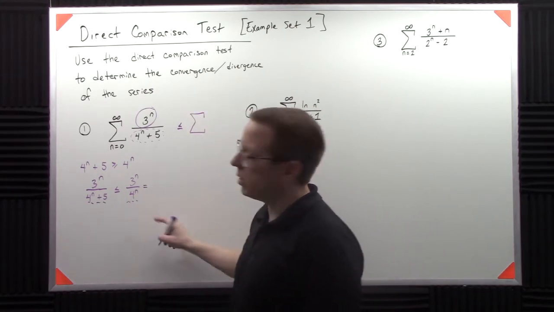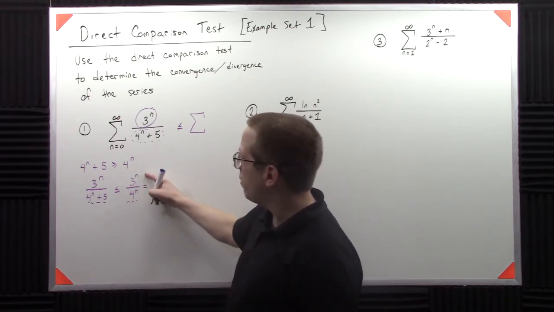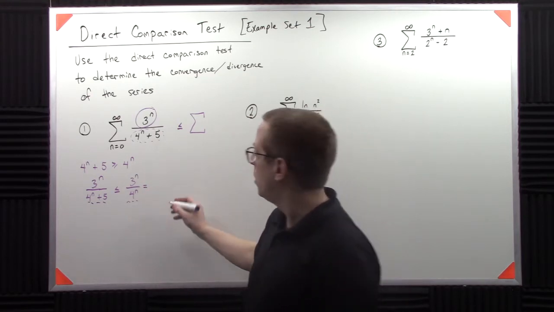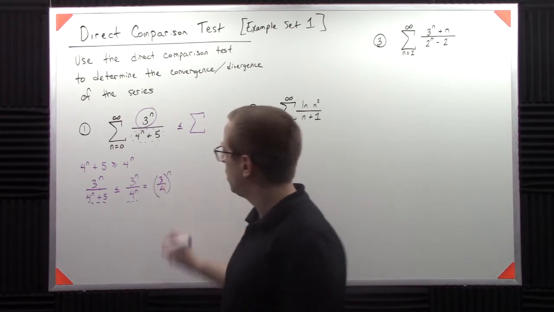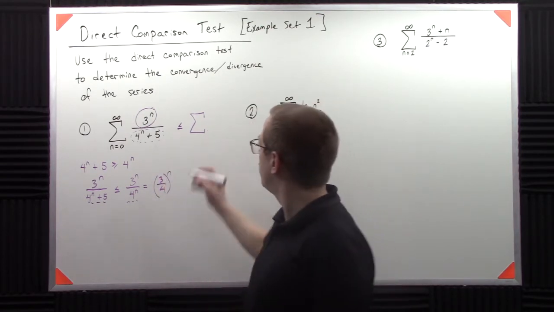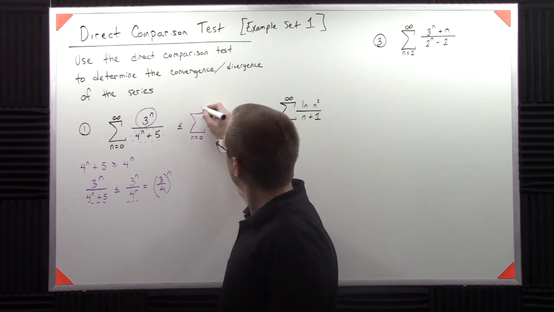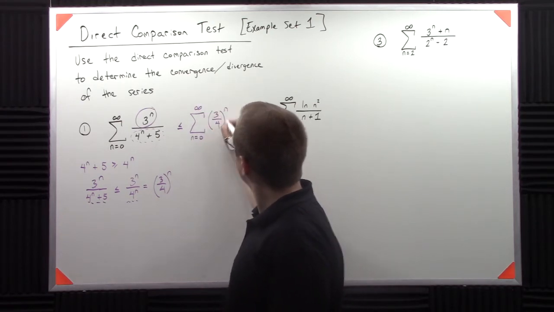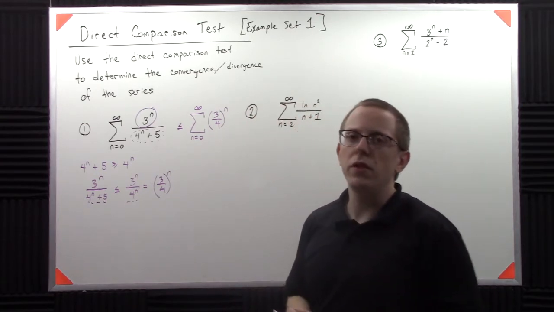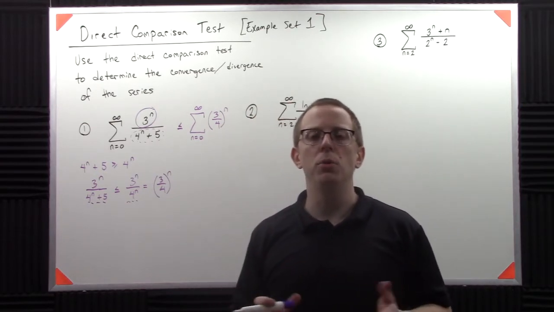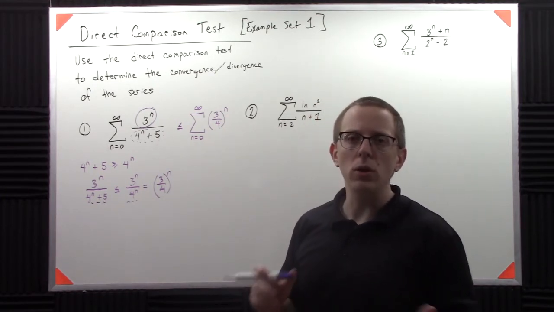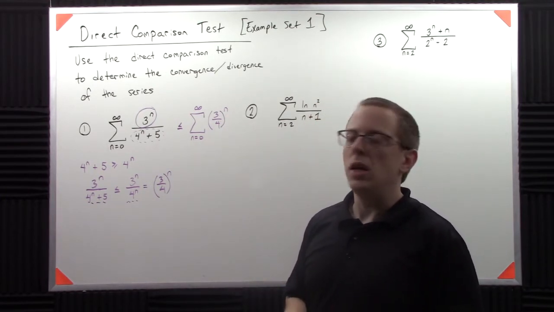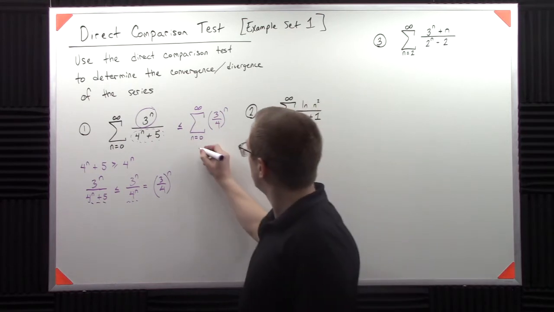But this sequence right here, since I have the same power on top and bottom, I can rewrite that as 3/4 to the n. Well, if this is 3/4 to the n, okay, what can I do with this? Well, I have something to a power. Well, that looks like a geometric series. And in fact, it is.